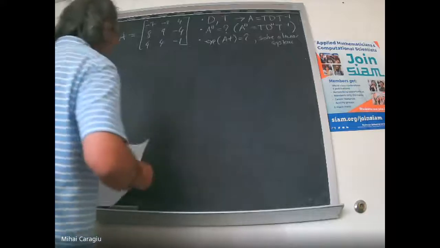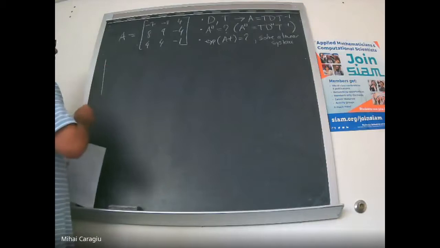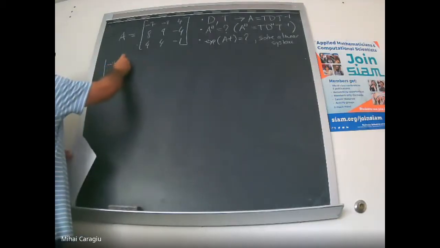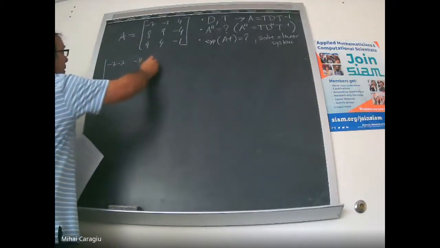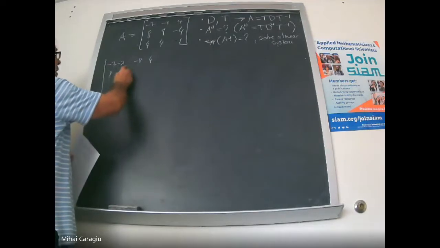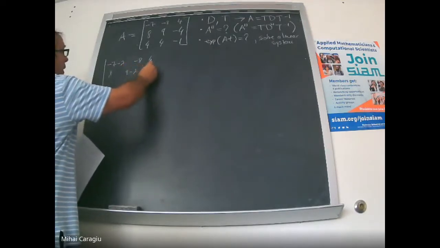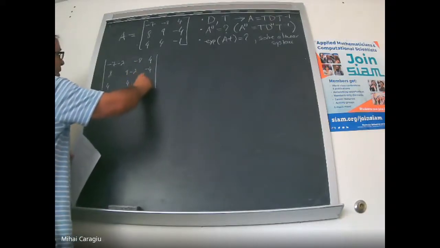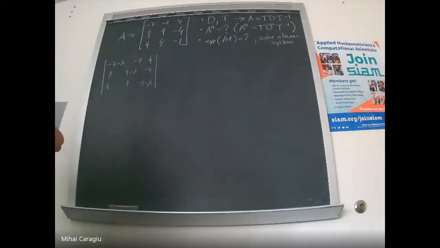Okay, so let's see. Determinant of A minus lambda times the identity matrix. So -7 minus lambda, -8, 4; 8, 9 minus lambda, -4; 4, 4, -1 minus lambda. That's the determinant of A minus lambda times the identity matrix, 3 by 3.